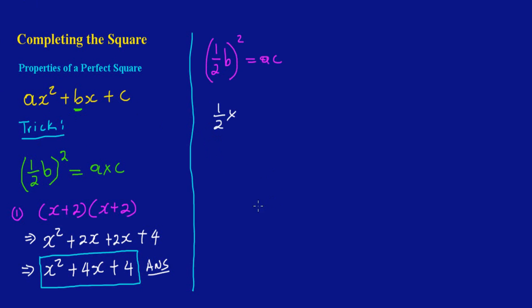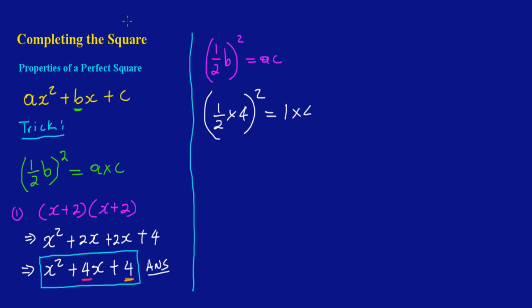b in this case would be 4, this 4 here, if you make a comparison with the expression that we have up here. So I would have a half of 4, and then I'm going to square that, and that must be equal to a, which is the coefficient of x squared, which is 1, times c, the constant that we have, this positive 4, so times 4.